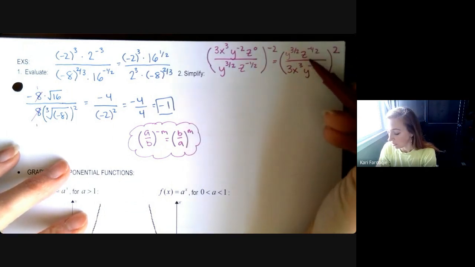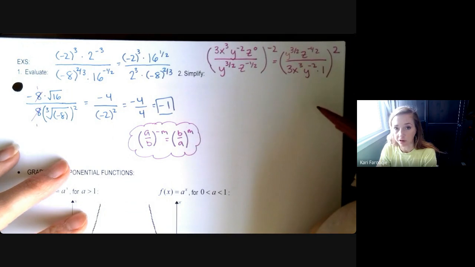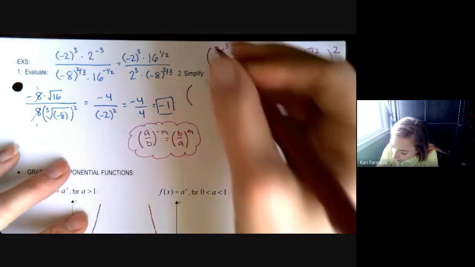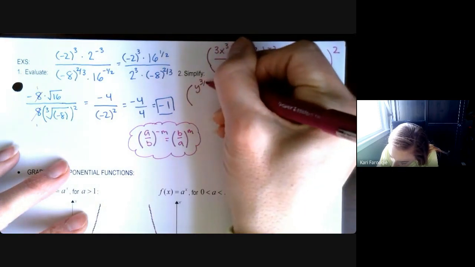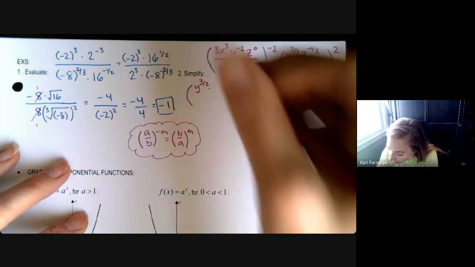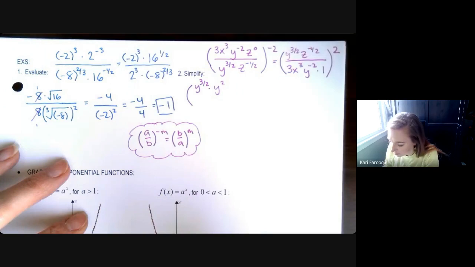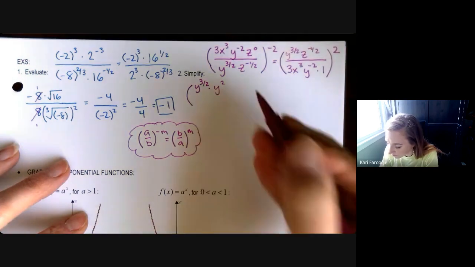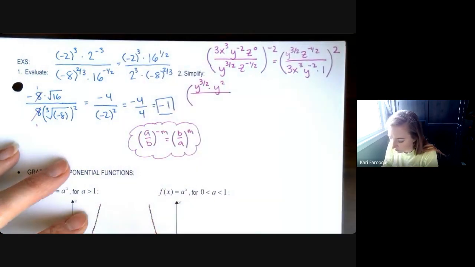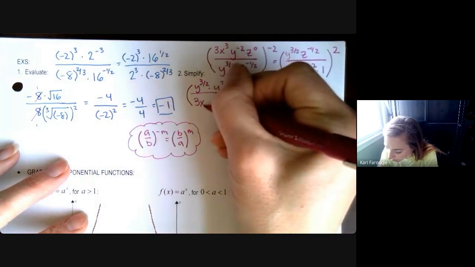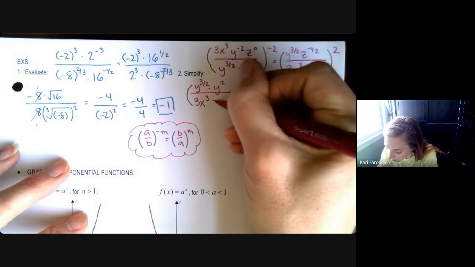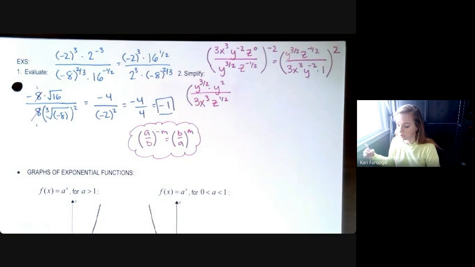And I'm going to bring z to the negative half down to the denominator as z to the positive half. So I'm going to do that now. So I have y to the 3/2 times y to the positive second. And then I have 3x cubed times z to the positive half.